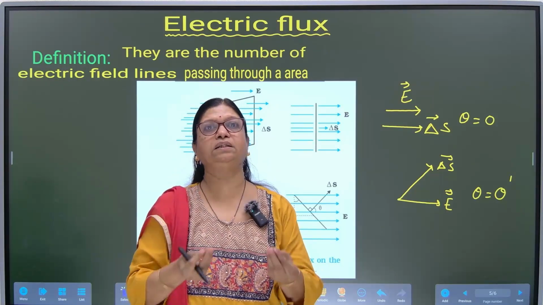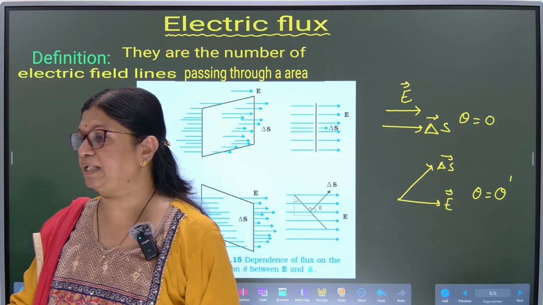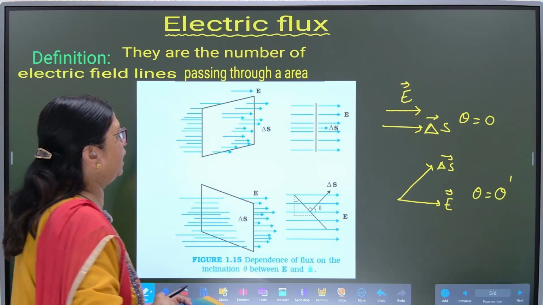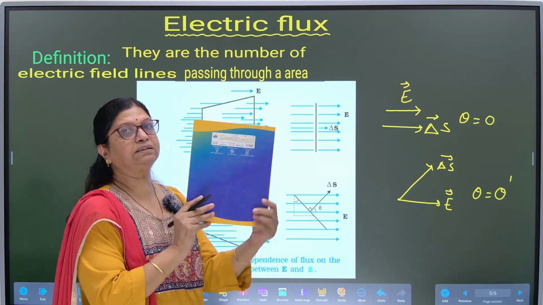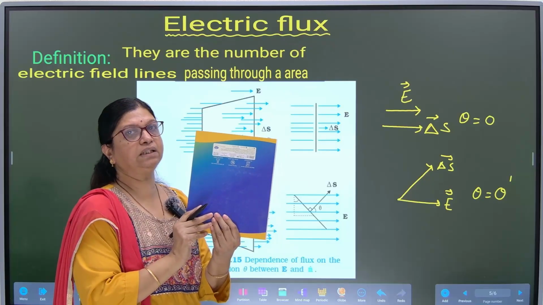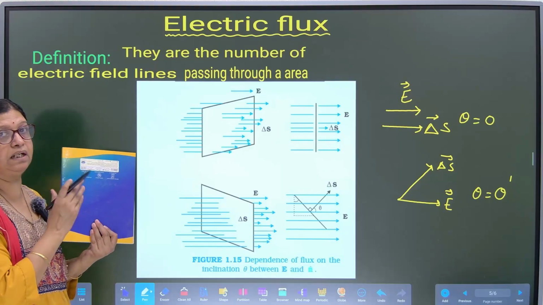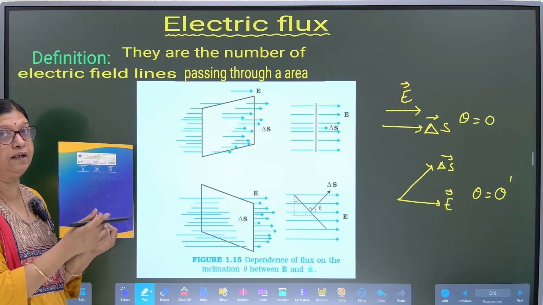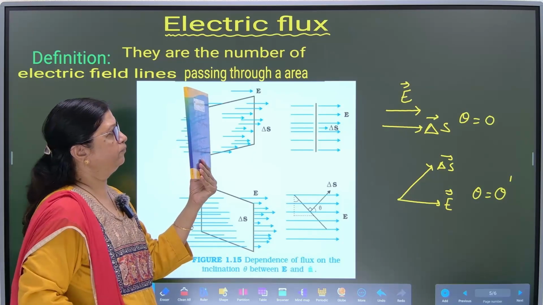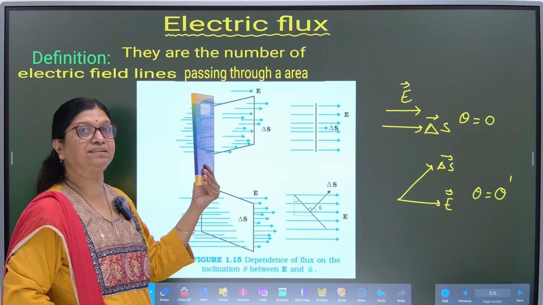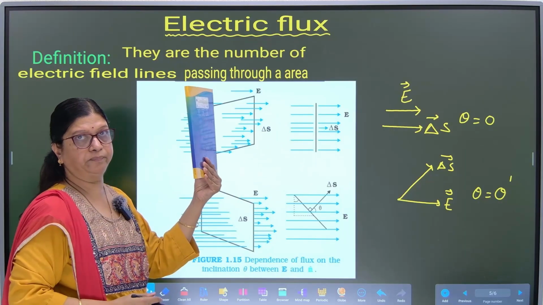Now, if at all there is some confusion, let us consider one flat surface as an example. Here I have taken one simple notebook and am considering this surface as the area element. In the very first case, I have placed the surface perpendicular to the direction of the electric field. This surface which I am considering is placed perpendicular to the board.